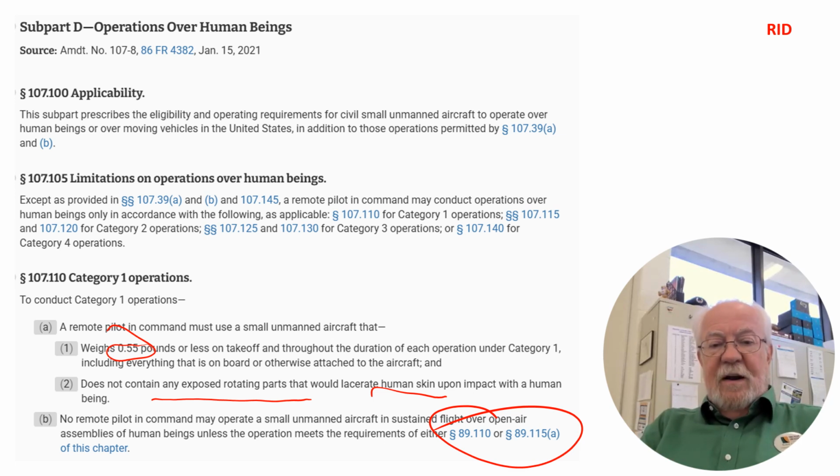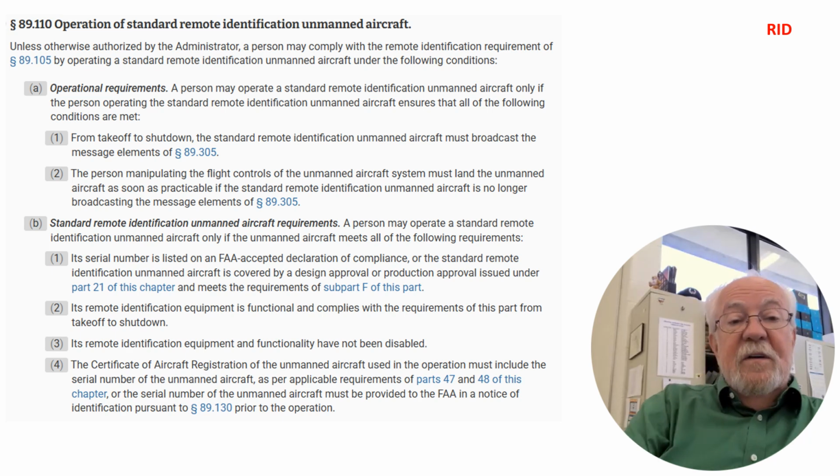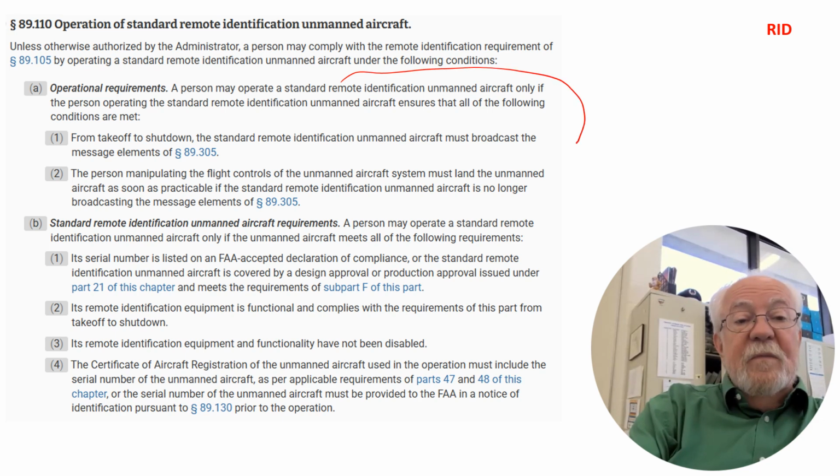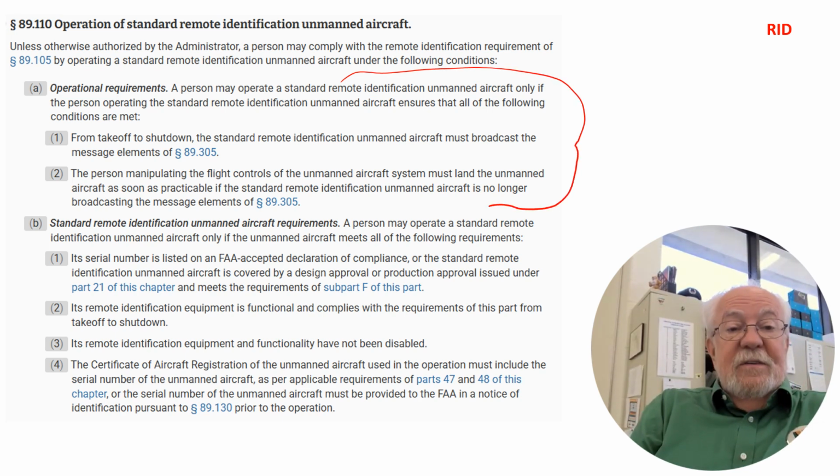Go to 89.110 first. 89.110 says this: operation with standard remote identification, and it says all aircraft must have that, and then lists all the requirements. From takeoff to shutdown, you've got to have it on, broadcasting elements. We don't need to go to 89.305; you can do that on your own.